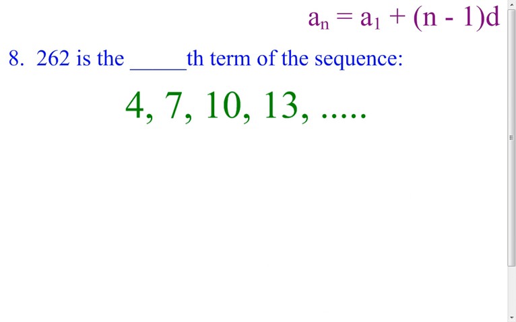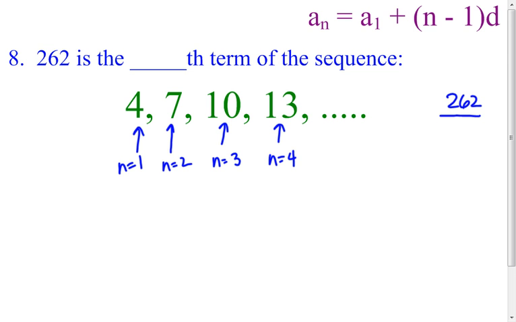And lastly, I have the sequence that goes 4, 7, 10, 13, a whole bunch of numbers in between, and then somewhere along the line I have the number 262. I know that in this spot n is 1, in this spot n is 2, in this spot n is 3, in this spot n is 4 because it's the 4th number on the list.